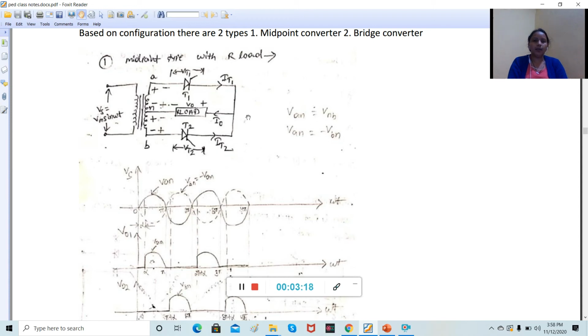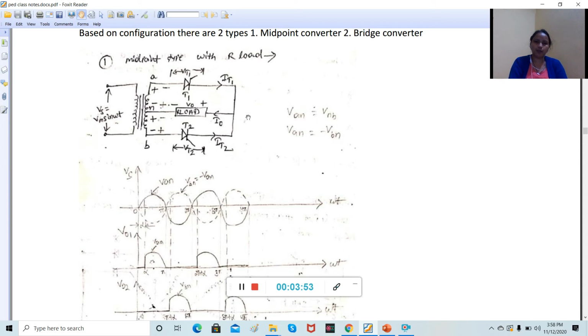Control means we use thyristor as a control device. Through thyristor we can control, but half wave control rectifier means that in one complete cycle of input we will get one half cycle of output.